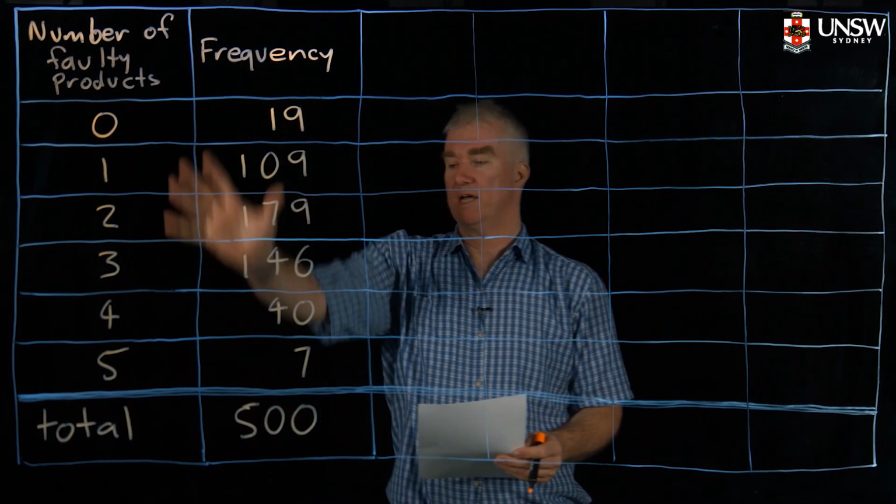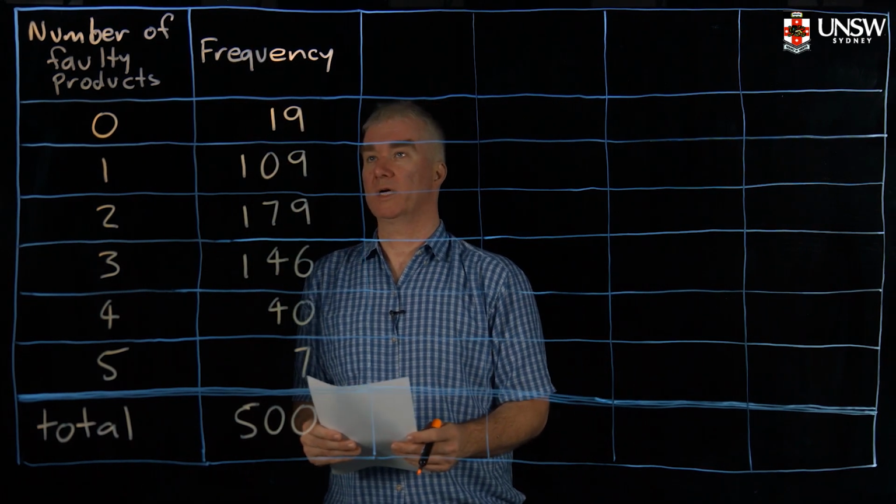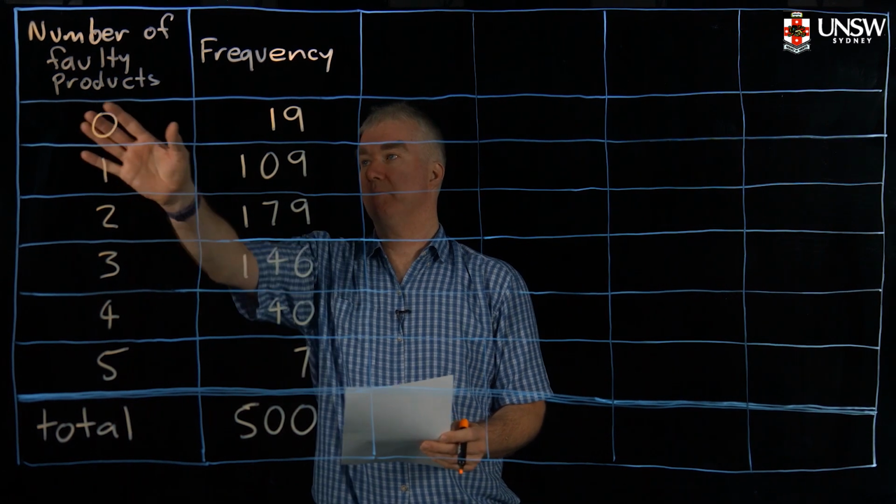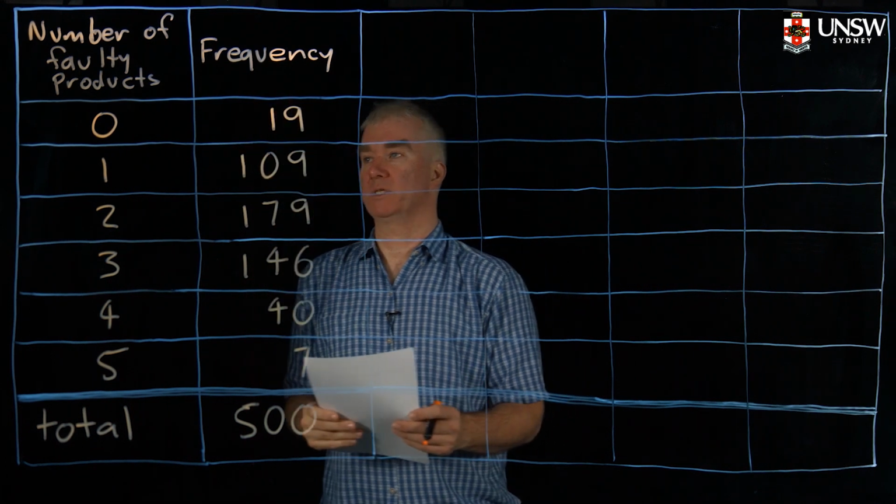Okay, now that we have our data set up, we need to work out the mean. To work out the mean, we're going to multiply the number of faulty products by the frequency.